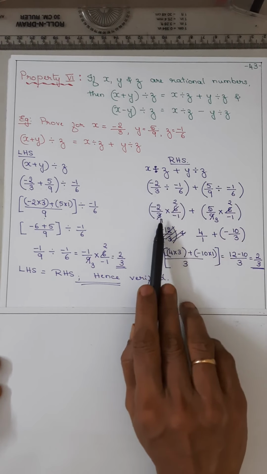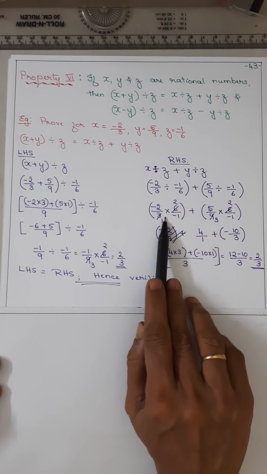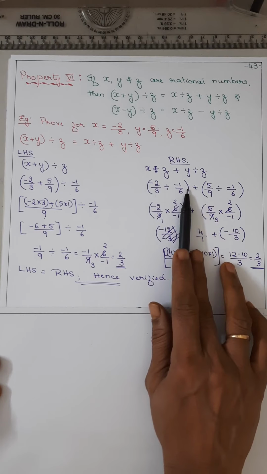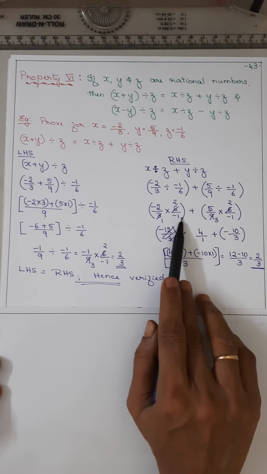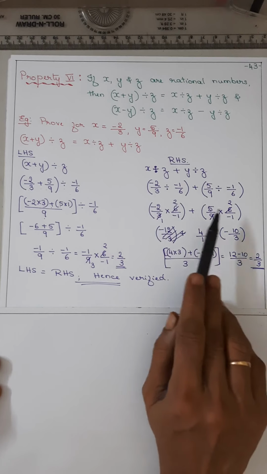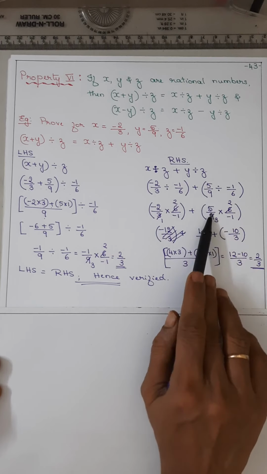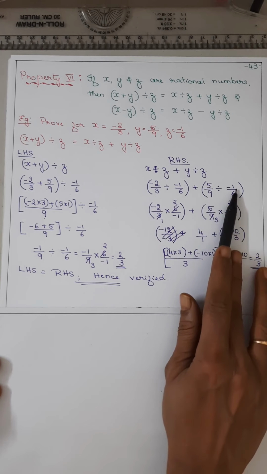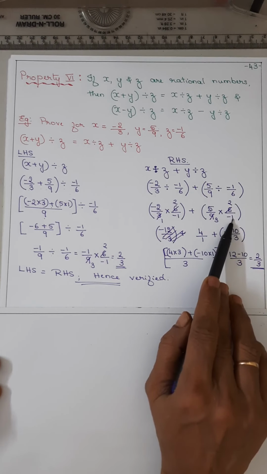Now minus 2 by 3 division becomes multiplication. 1 by minus 1 by 6 becomes 6 by minus 1. 3 1s are 3 2s are 6. अब इधर प्लस 5 by 9 into minus 1 by 6 becomes 6 by minus 1.